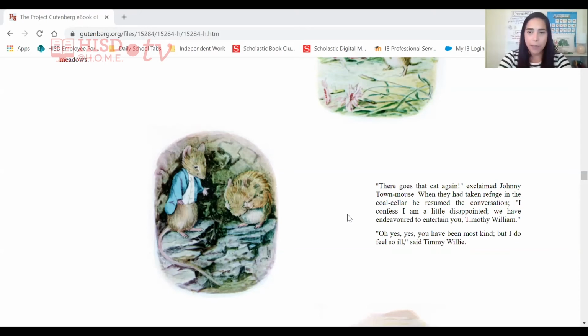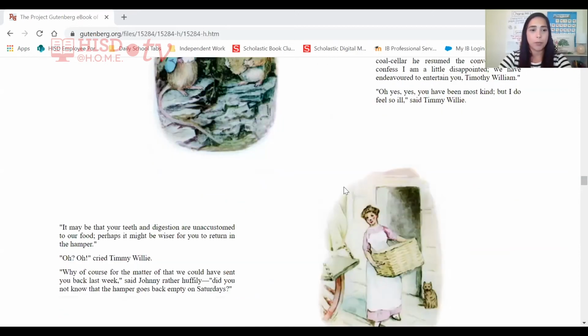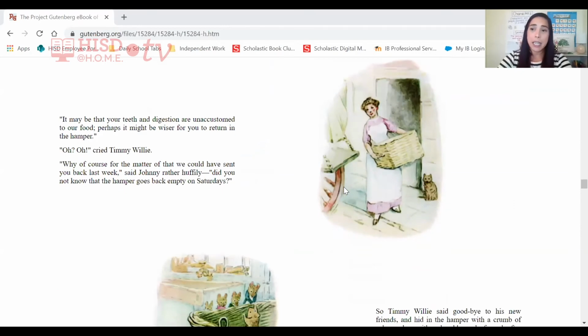It is no offense to Johnny Mouse, but he just wants to be home. And I'm inferring that he's just not feeling well enough to stay there, even though the town mice are really trying to keep him comfortable. Let's keep reading to see if he gets home.